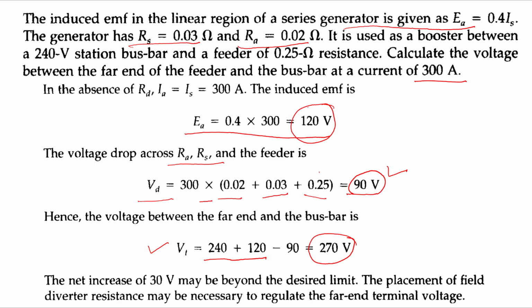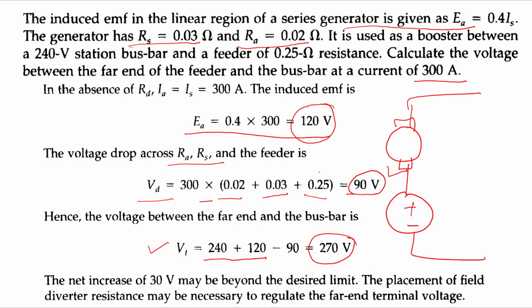Sorry? Generally 190 minus... it is coming 190, how? Why was 120 added? That is your question. Oh, 120 is the generator voltage. I told you, the generator is in series with the substation.